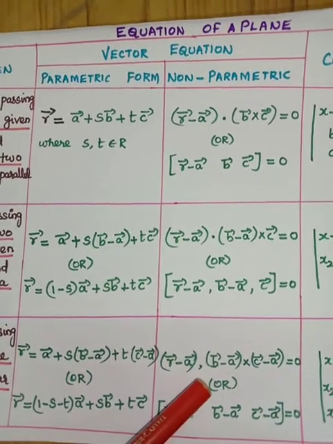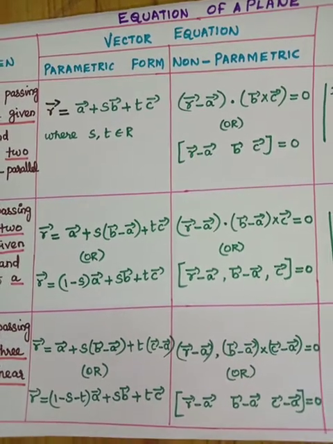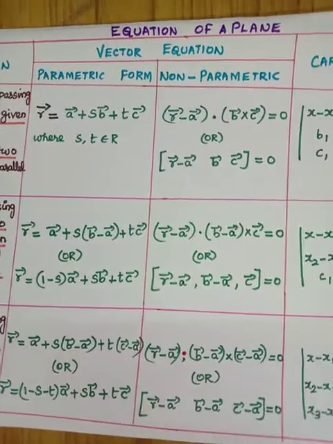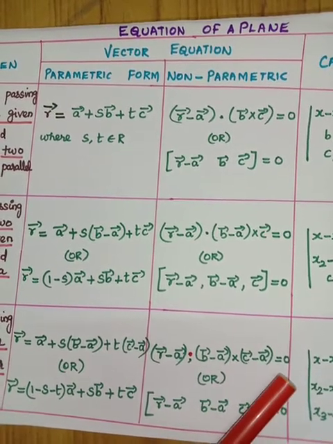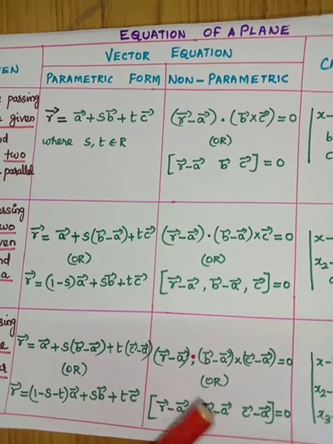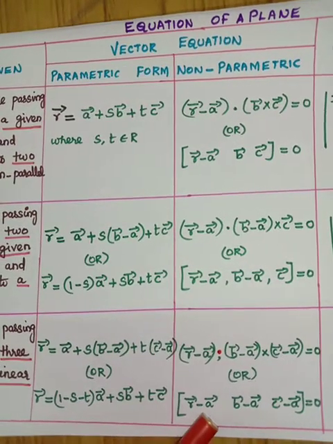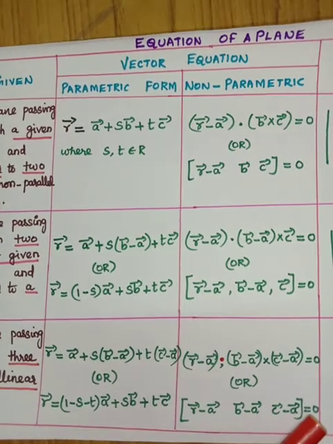Come to the non-parametric form: r vector minus a vector dot b vector minus a vector cross c vector minus a vector is equal to 0. So the scalar triple product can be written as the box product of r vector minus a vector, b vector minus a vector, c vector minus a vector is equal to 0.